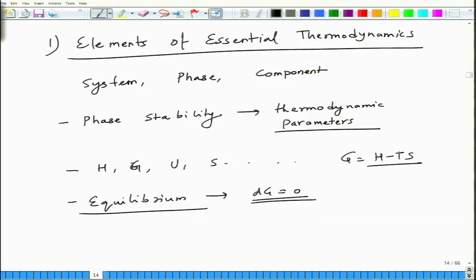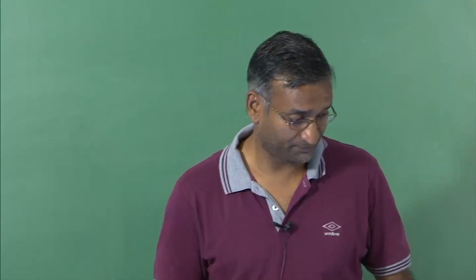So in most metallurgical systems we talk about the Gibbs free energy. There is another free energy which is called Helmholtz free energy, but in our context we generally talk about the Gibbs free energy, which is G equal to H minus TS, enthalpy minus the product of temperature and entropy, and it is the combination of enthalpy, entropy and temperature which determines the phase stability of one phase with respect to another.